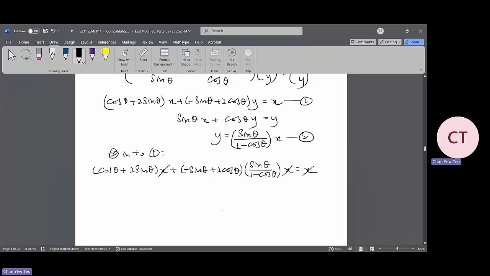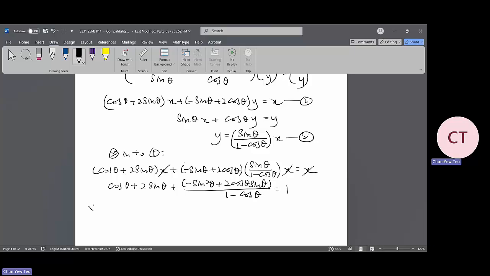We cancel all the x. Then we get this one as cos theta plus 2 sine theta plus negative sine square theta plus 2 cos theta sine theta divided by 1 minus cos theta is equal to 1.